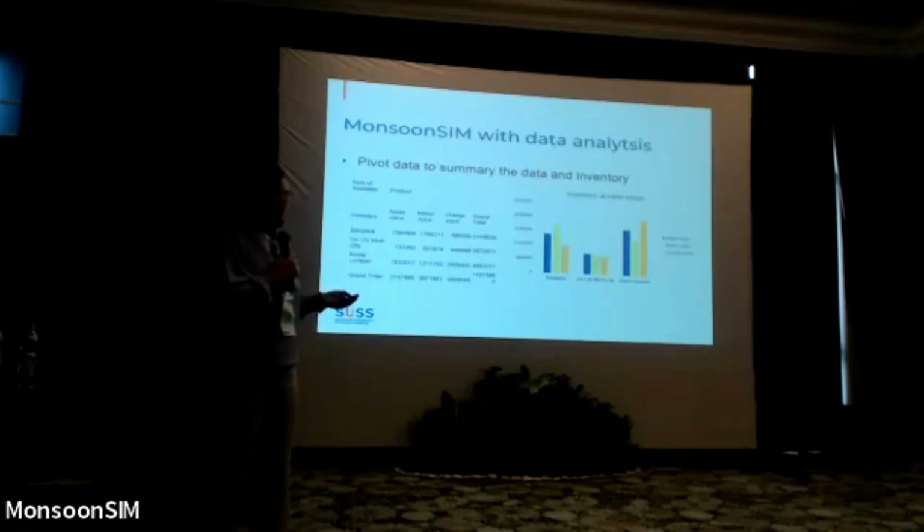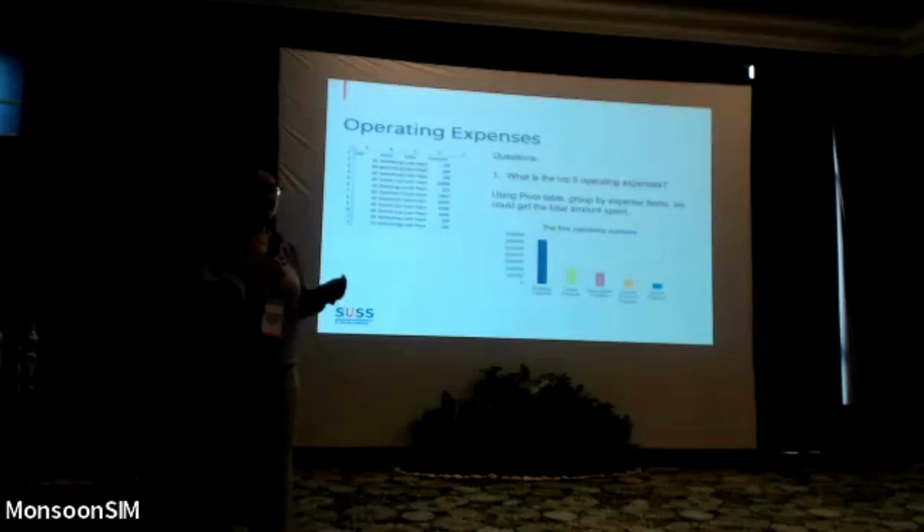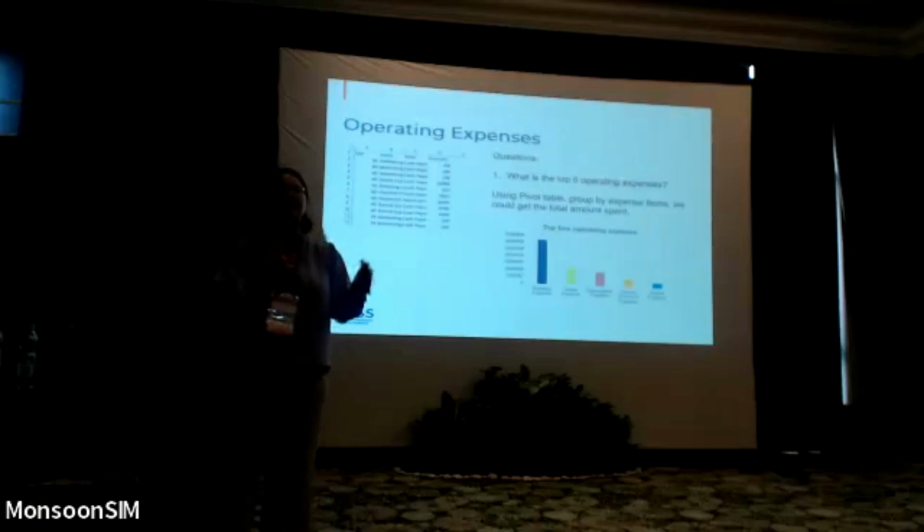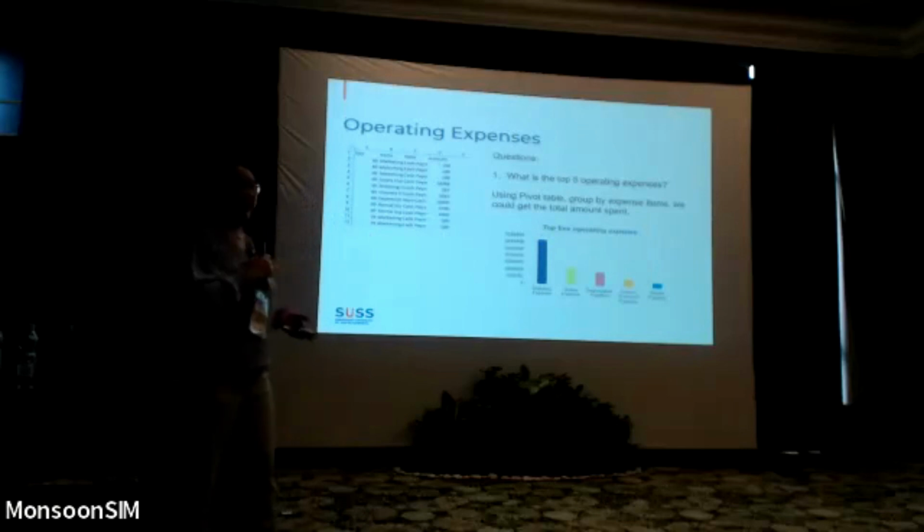Then opportunistic, if you look at opportunistic, inventory is all the time. I think that's aggregated data. Then melon juice in Bangkok is the highest. So this is just one area. Next I will move on and explain a little bit about operational expenses, which I think is quite important for students to learn.